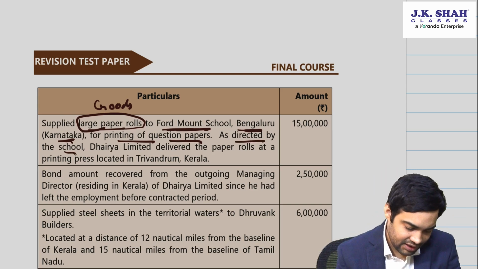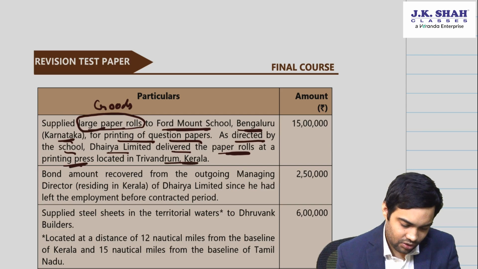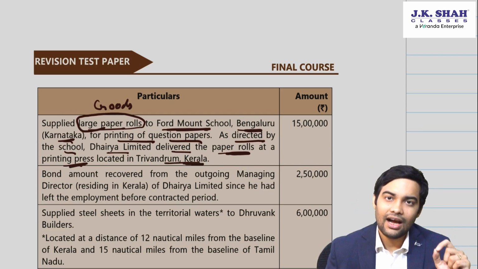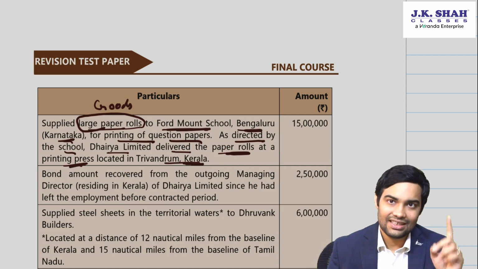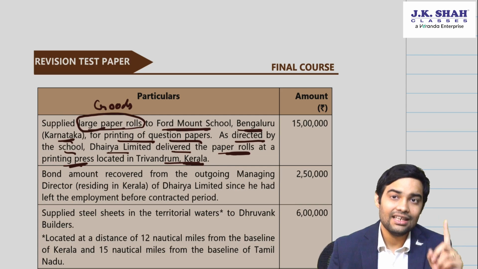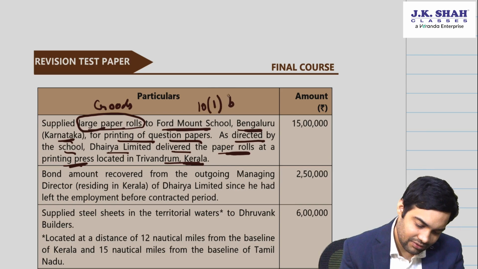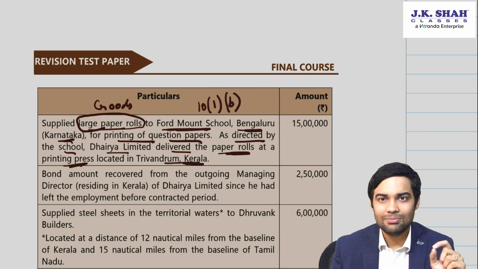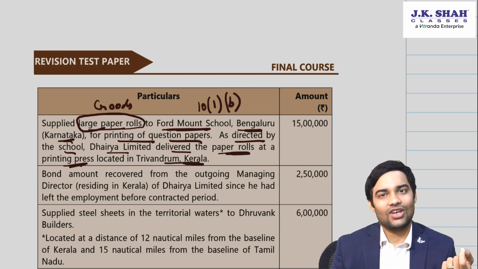As directed by the school, Dairy Limited delivered the paper rolls at a printing press located in Kerala. Yes, people, think. You have delivered the goods in Kerala, but where have you billed it? It's a bill to ship to transaction. In case of bill to ship to transaction, 10(1)(b), the place of supply will be the principal place of business of the third person on whose direction the goods were delivered to the recipient or any other person.